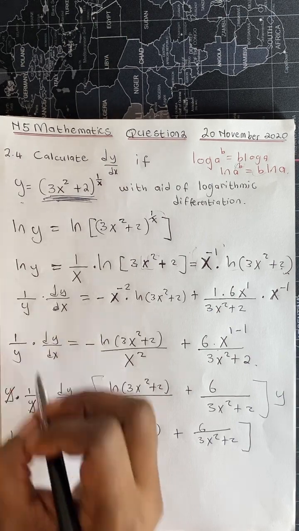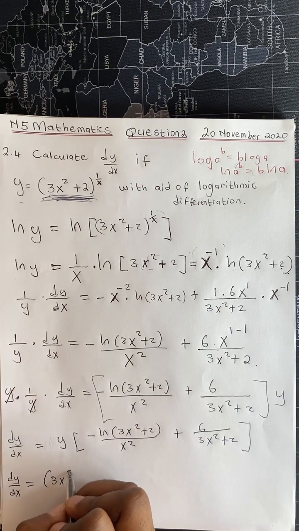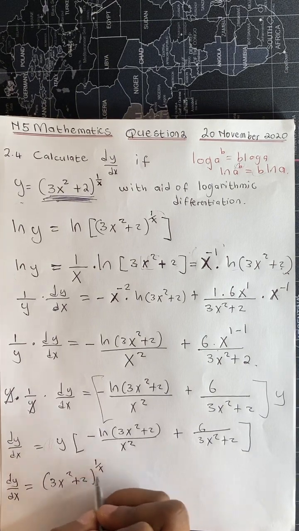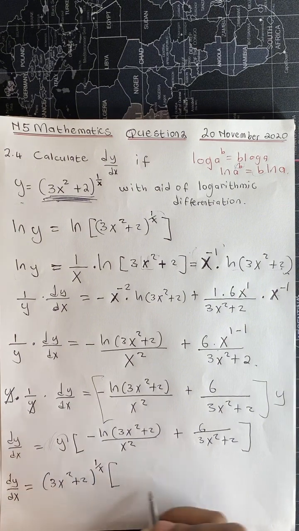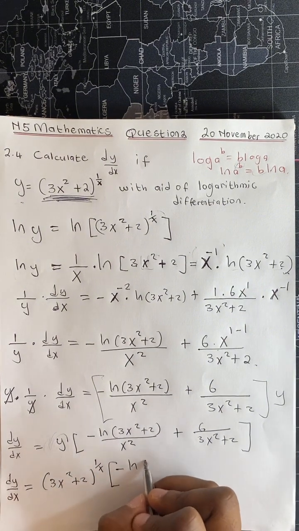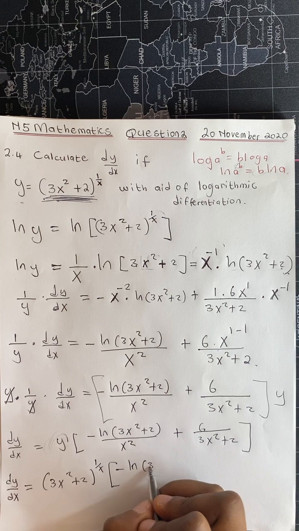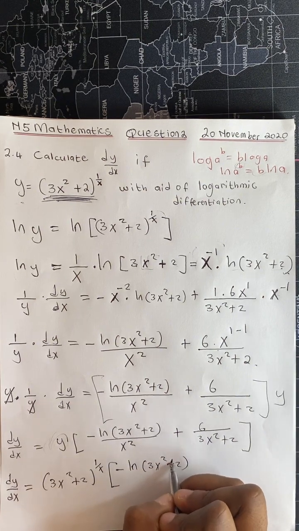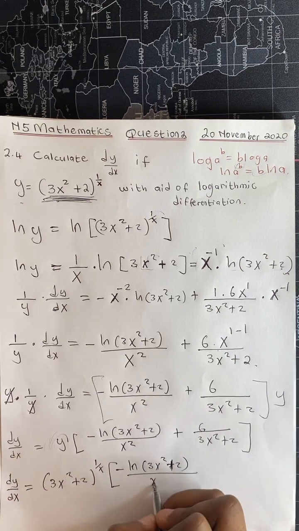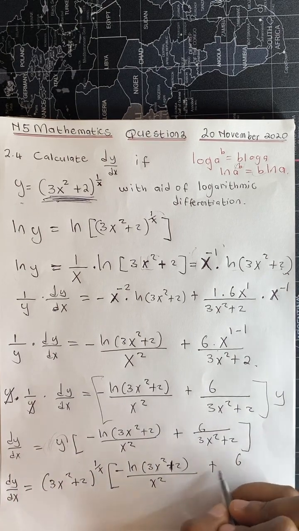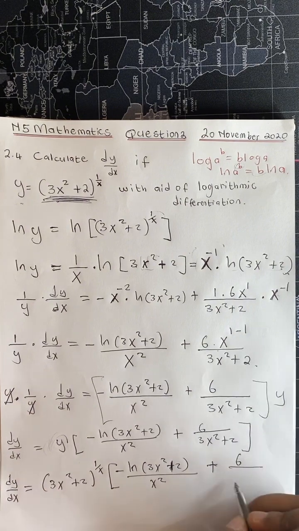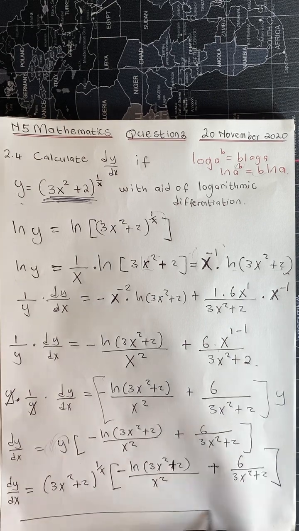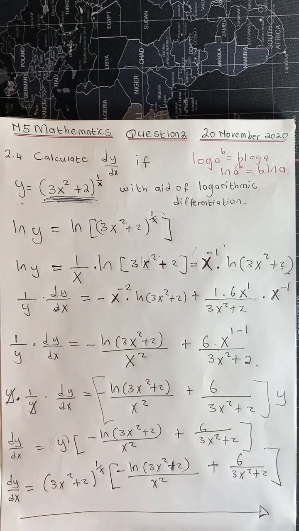So we substitute the 3x squared plus 2 raised to the power 1 over x in the place of this y, so that we can have all the x's this side. And this will be our answer for question 2.4.